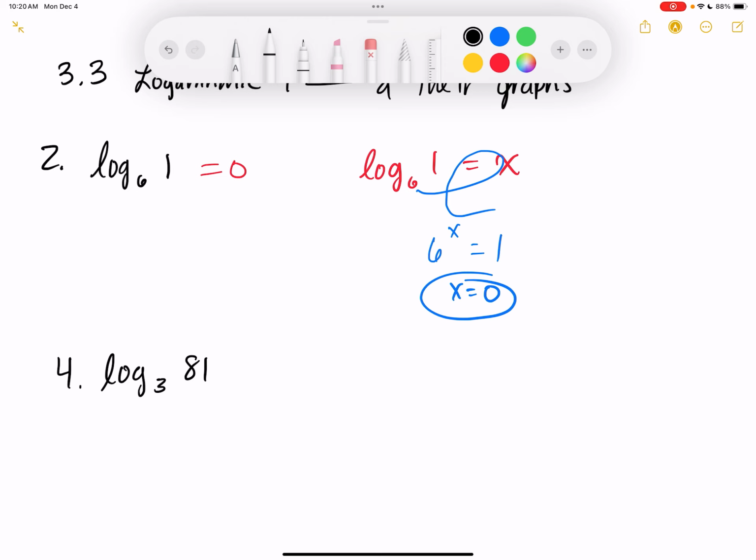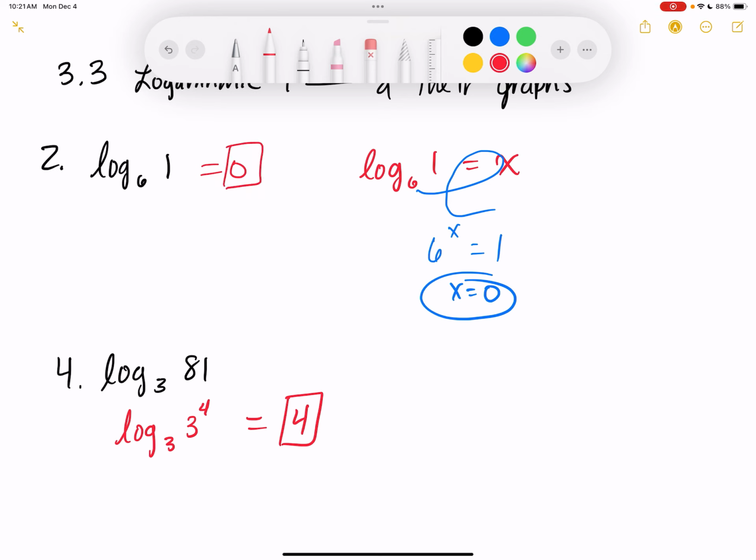So how can I rewrite 81 in terms of 3? 3 to the 4th. So I can rewrite this as log base 3 of 3 to the 4th. And then according to property 3, that would mean that this is equal to 4.